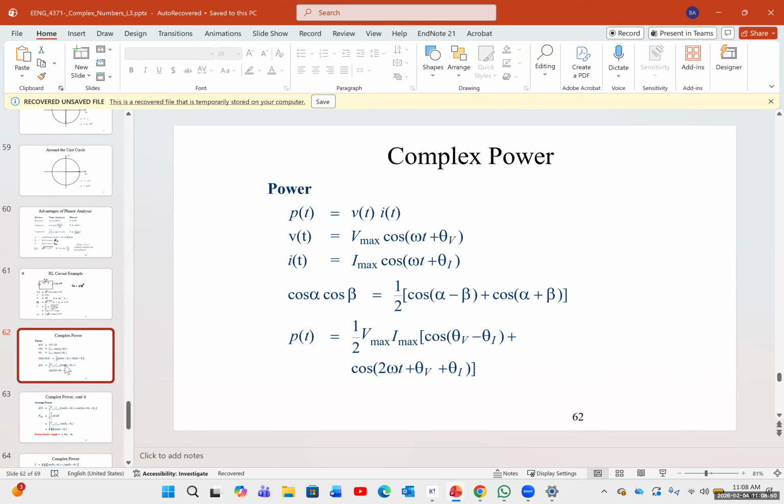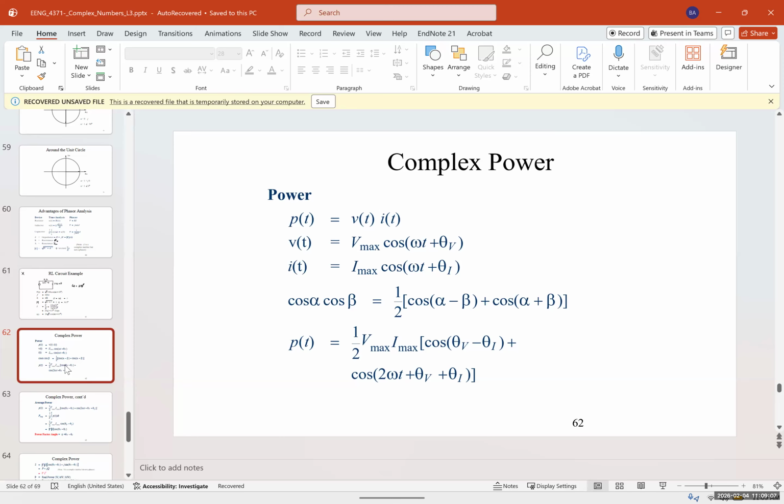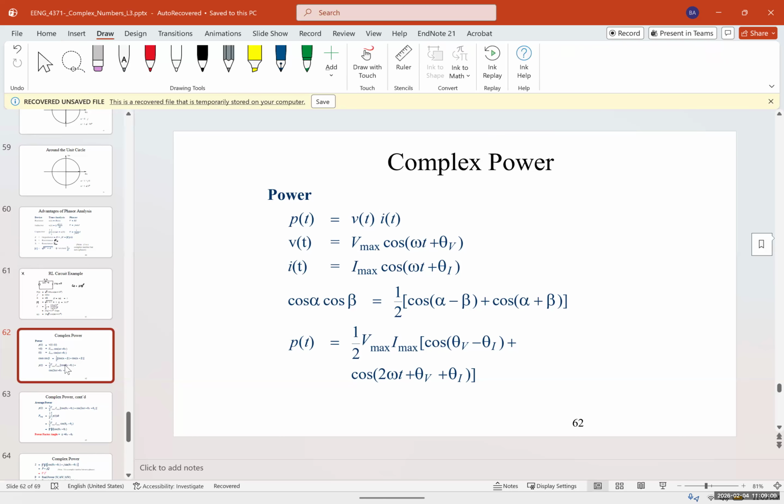As you already know, power P is equal to VI. And V for an AC system is going to be Vm cosine of omega t plus theta V, and i(t) is Im cosine of omega t plus theta I. Now, cosine alpha times cosine beta is equal to half of cosine of alpha minus beta plus cosine of alpha plus beta.